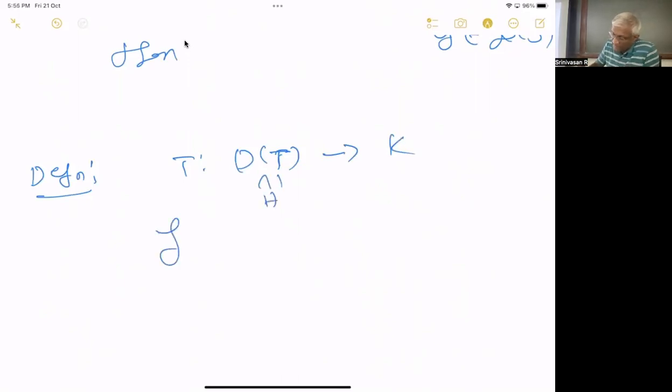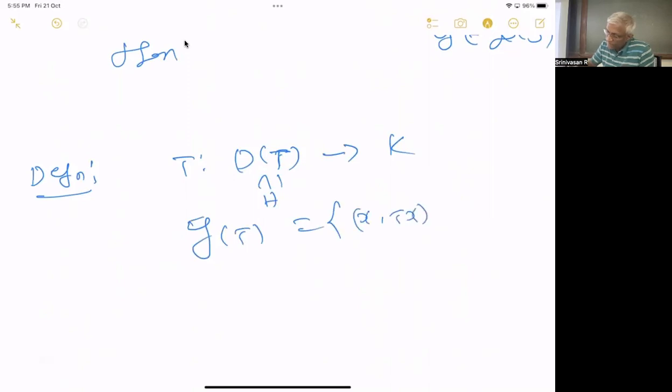Then the graph of T I have already written. What is graph of T? Graph of T is equal to all those x, Tx, x in domain of T, which is contained in H direct sum K. Okay.